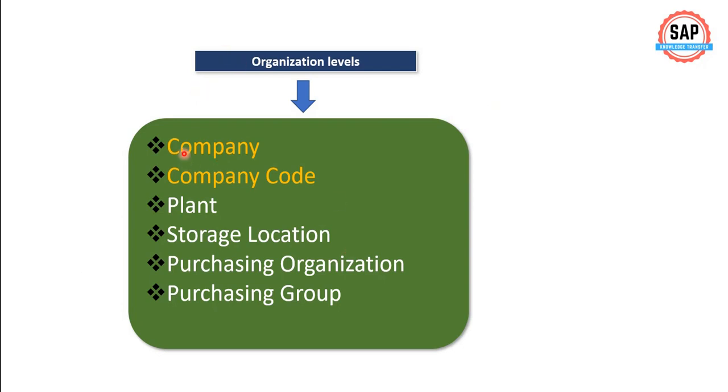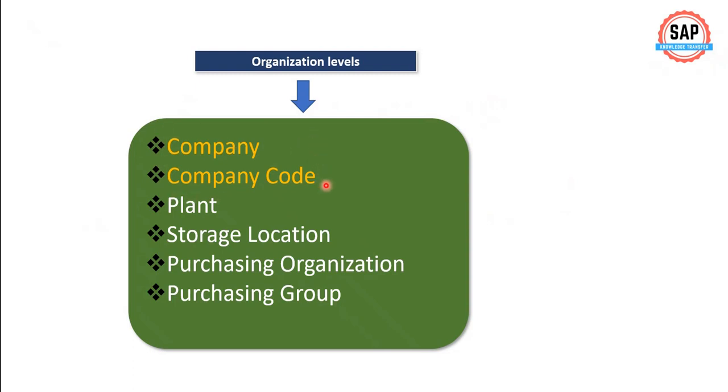The organization levels are the company code, plant, storage location, purchase organization, and purchasing group. In the real scenario, the company and company code come under the finance FI module.